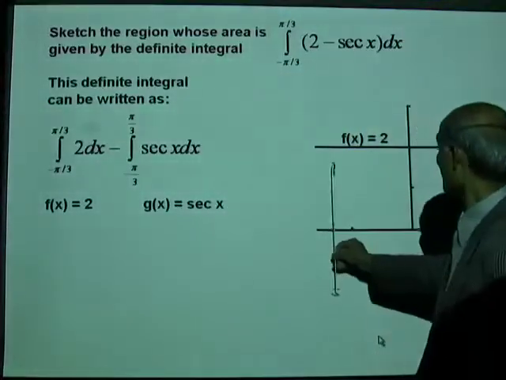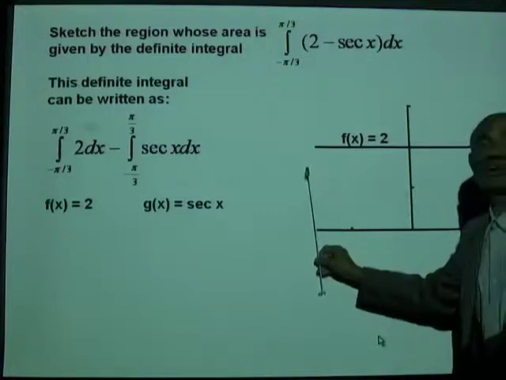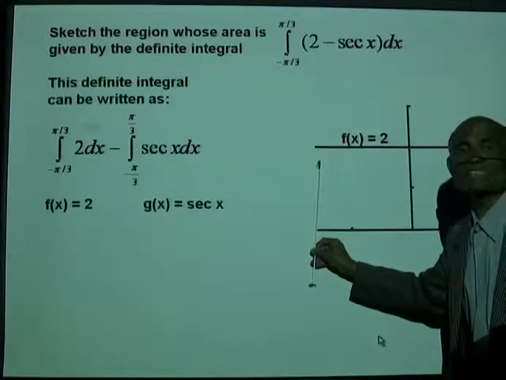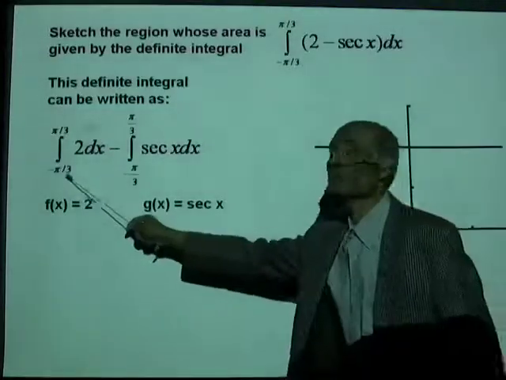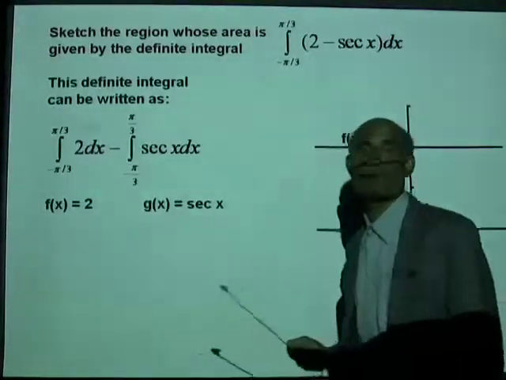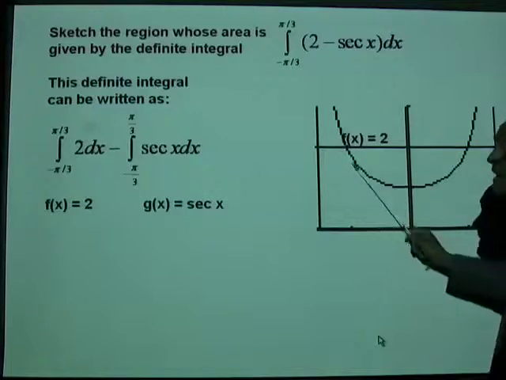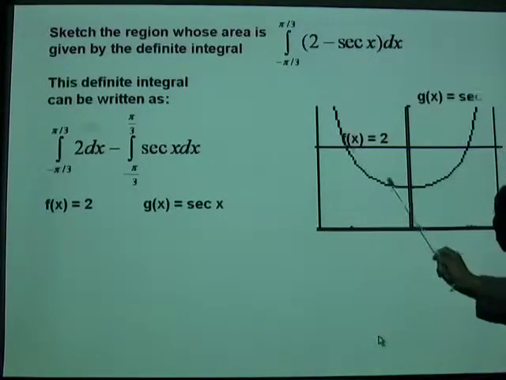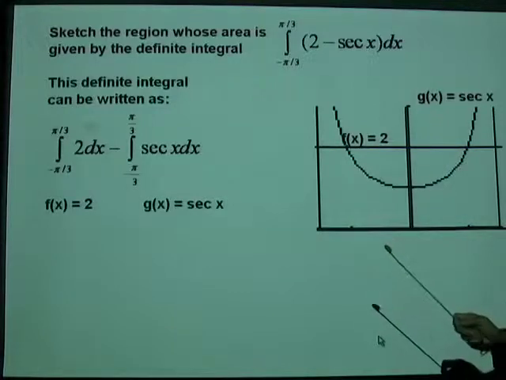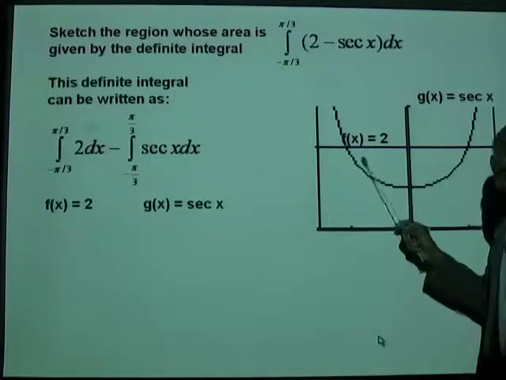And of course set your scale negative pi by 2 to pi by 2 so that you have the given limits there. So here we have the graph of secant x, g of x equal to secant x. And what is the area that we are interested in?